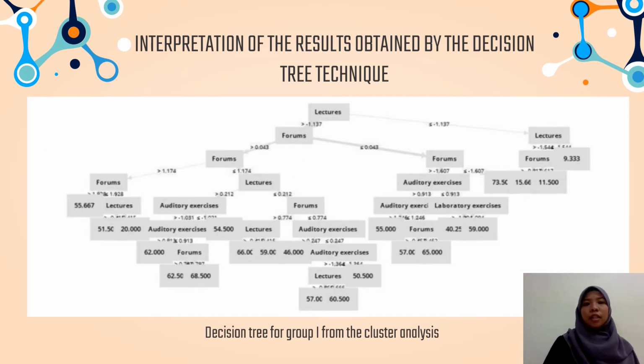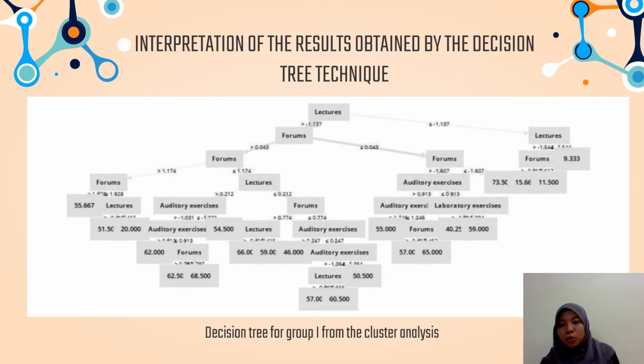Now we will move to this diagram, which represents the decision tree for group 1 by cluster analysis. The more often students access material from lecturers, the more they access the forum. Low frequency of access to lecturer materials resulted in a poor result in the midterm exam. There were many students in this group who mostly applied the combination of accessing lecture materials and materials from auditory exercise.